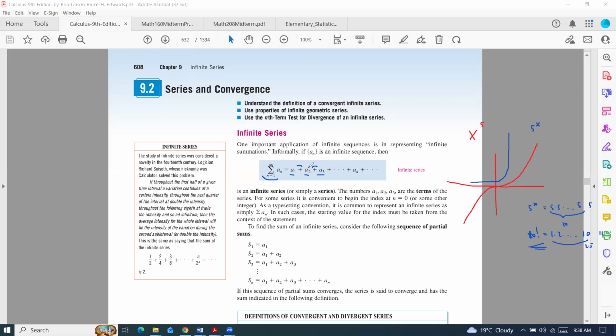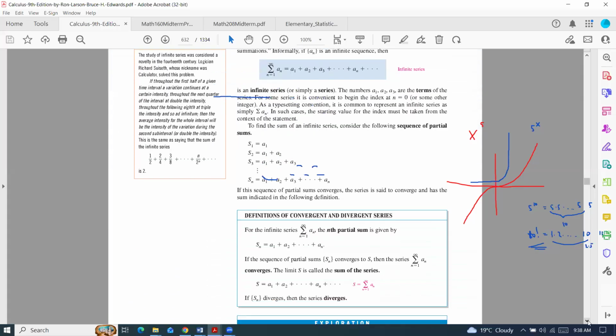So series, if they have a finite sum, we say the series is convergent; if they have an infinite sum, we say the series is divergent. So the word convergent means the sum is finite. So we add infinitely many terms, and it's going to be a finite sum. When you say, really, is that really possible?